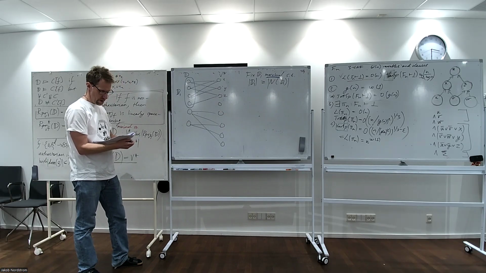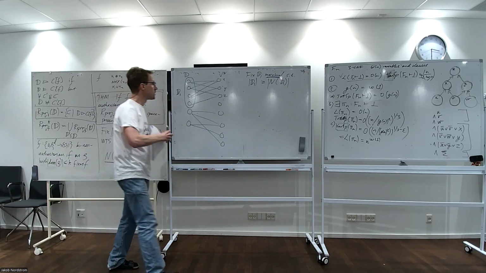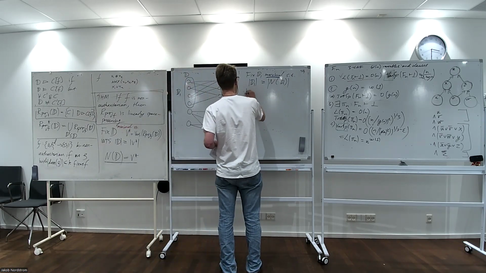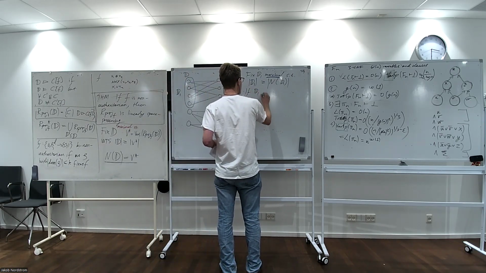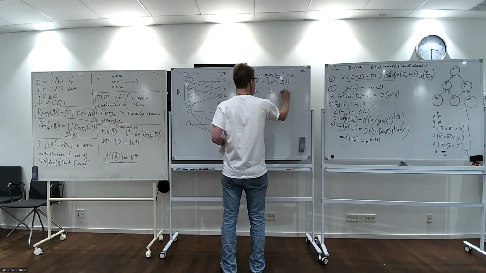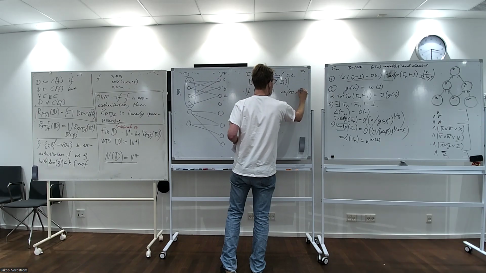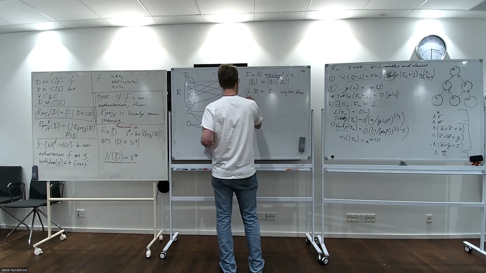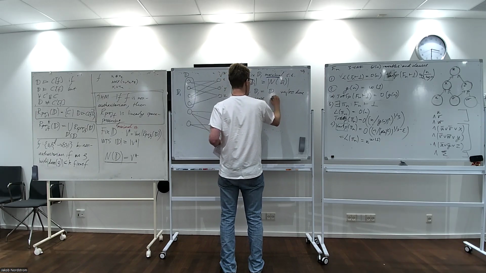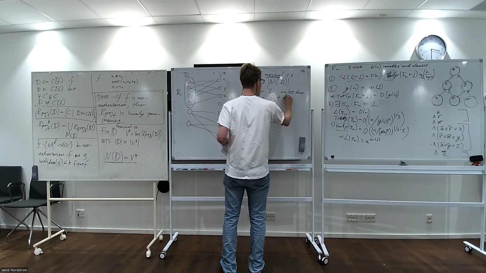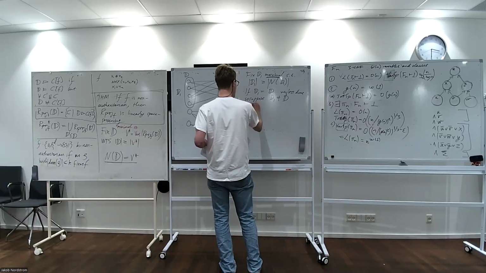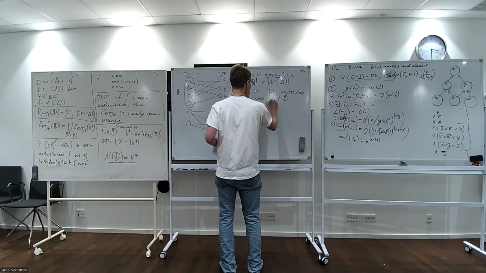So, if it so happens that D1 is equal to D, then we're done. So suppose that D1 is not D and set D2 to be D minus D1.